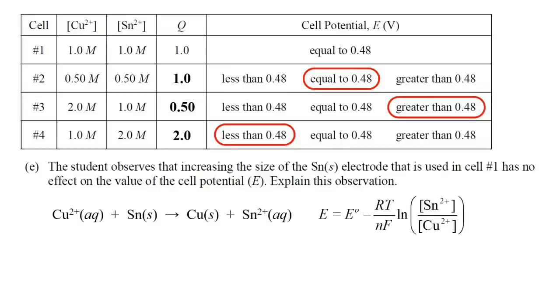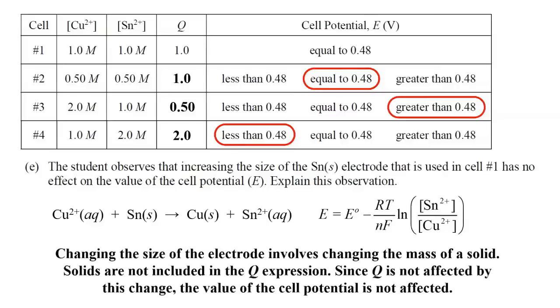And the reason why is because even though solid tin does appear as a reactant, we do not include solids in the expression for Q. So changing the size of the electrode involves changing the mass of a solid. And since solids are not included in the Q expression, Q would not be affected by this change. So the value of the cell potential is not affected by changing the size of the electrode.